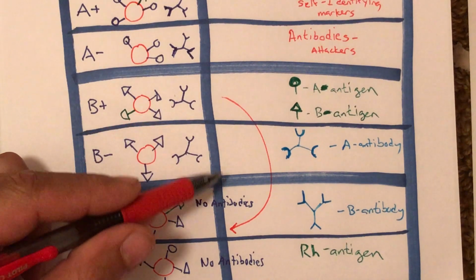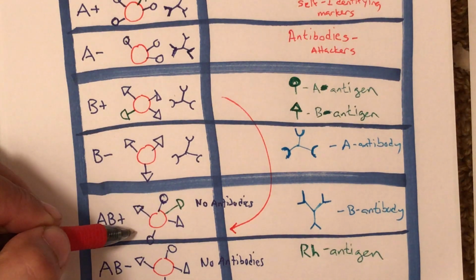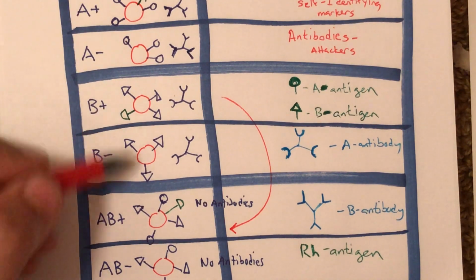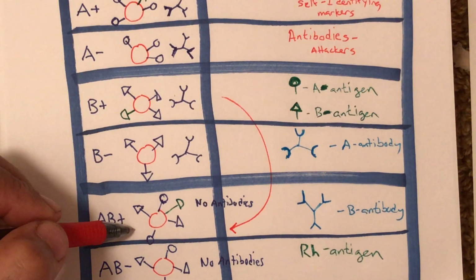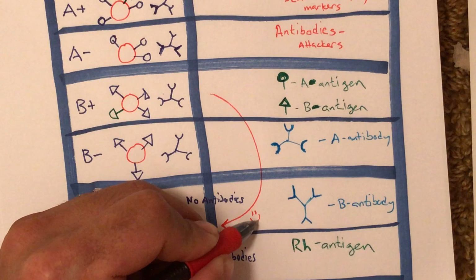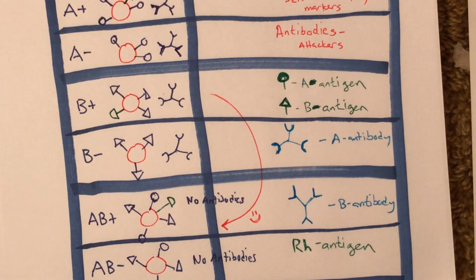There is nothing foreign coming into this blood. This person has everything that this person has. There's nothing foreign coming in, and therefore there are no worries. And therefore this does work. We can put a little smiley face to show yes, this does work.